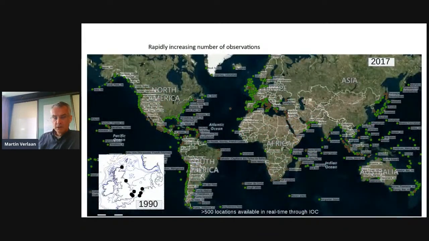At the same time, when I started, for the Kalman filter, we had 8 locations that were available in real time. And if you look globally now, there are over 500 tide gauges that are available. And this is not even looking at the other options that we have. This is just the tide gauges.